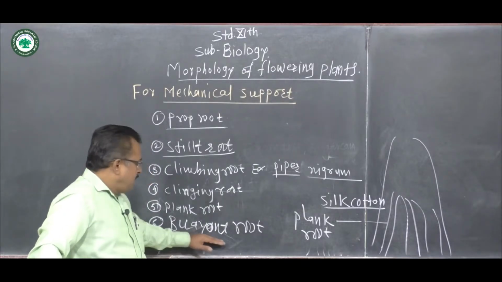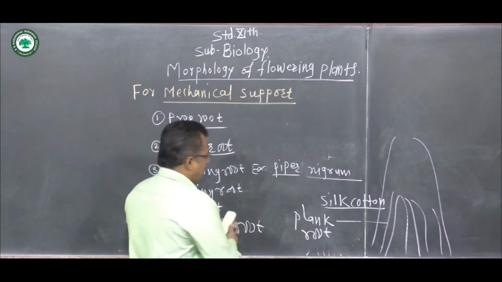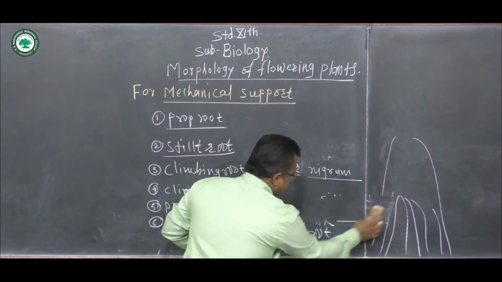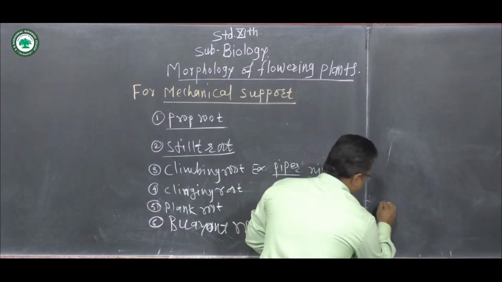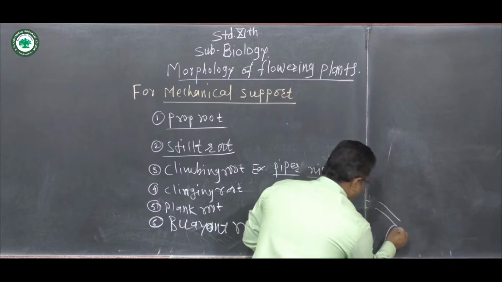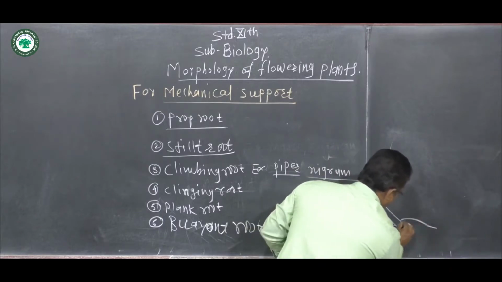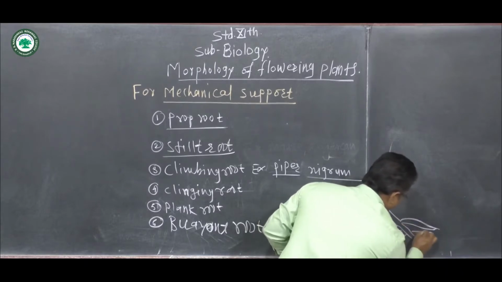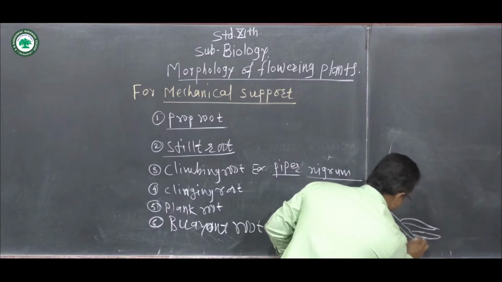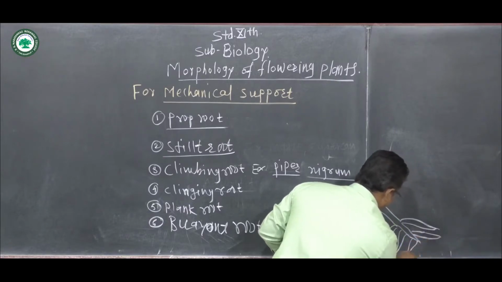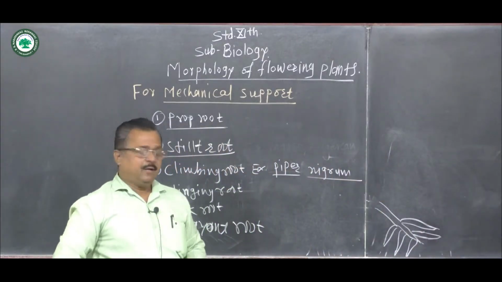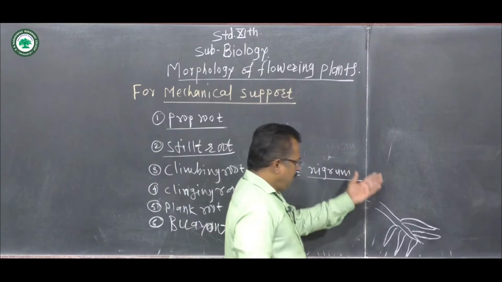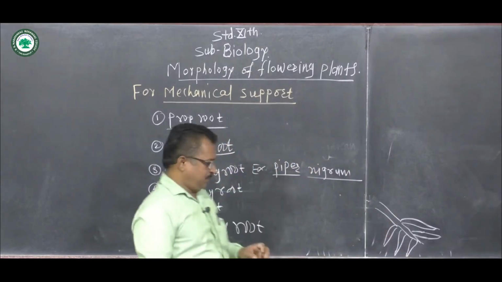In such plants the roots are swollen and spongy due to the storage of air in the roots, and the plant floats on the water surface.